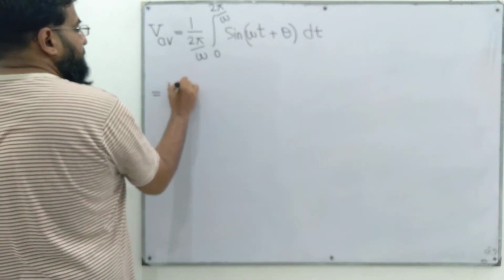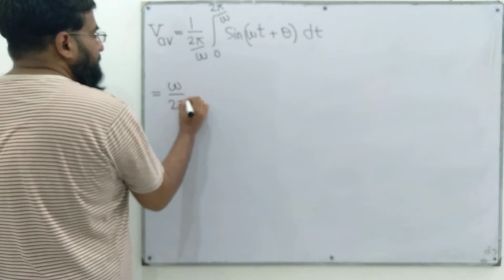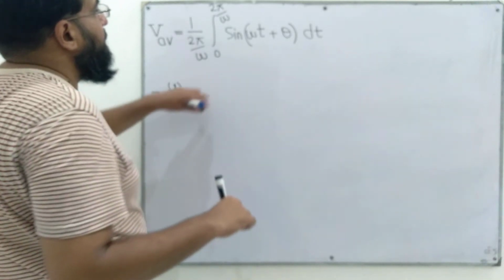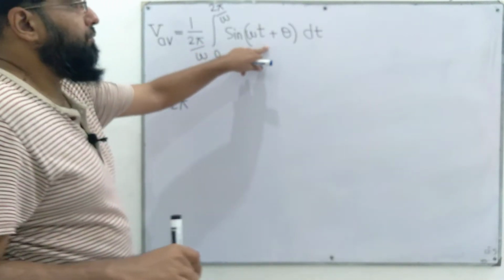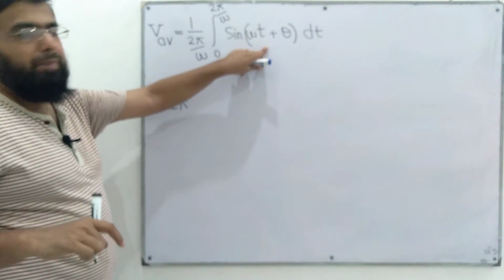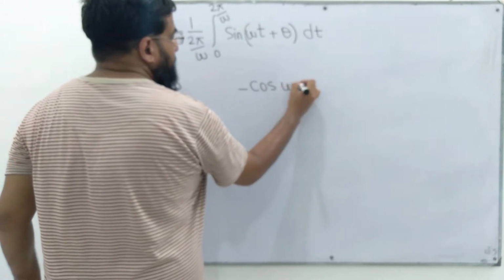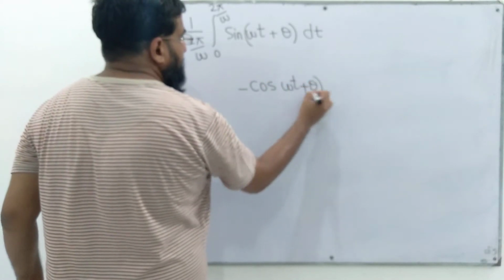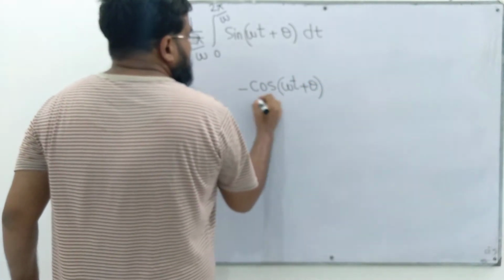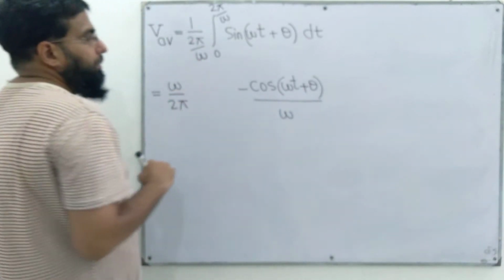It's straightforward. From elementary school, we know that sine of omega t has an integral minus cos omega t plus theta divided by omega.